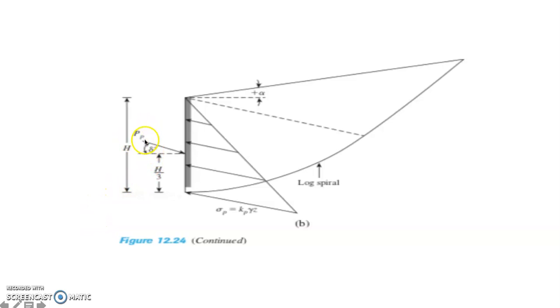And you have the presence, of course, of the passive total force acting on the retaining wall. And this is our horizontal force for the Coulomb passive earth pressure.